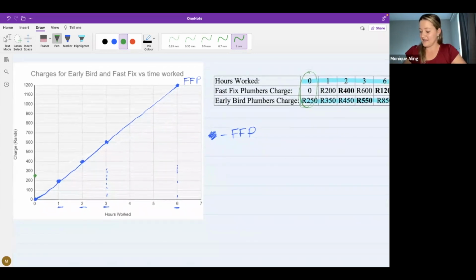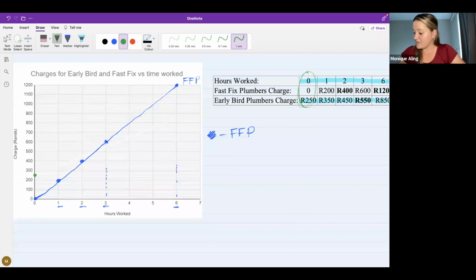Okay. Then our next one is 1 hour and 350. So we follow the line by 1 and we get to 350, which is in the middle between 300 and 400. Then our next point is 2 hours and 450.